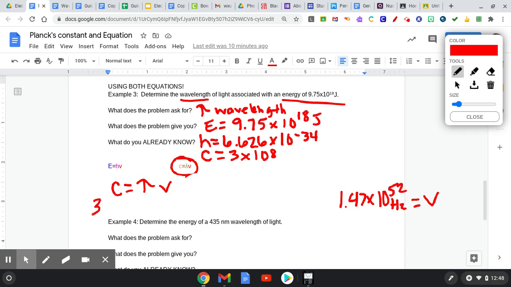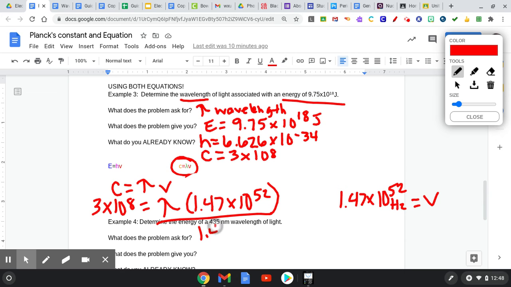So I know my C is 3 times 10 to the 8th. I don't know wavelength yet because that's what I'm trying to find. And I know my frequency is 1.47 times 10 to the 52nd. Once again, really big. So I'm going to divide both sides by this to get wavelength by itself. Then these guys will cancel.